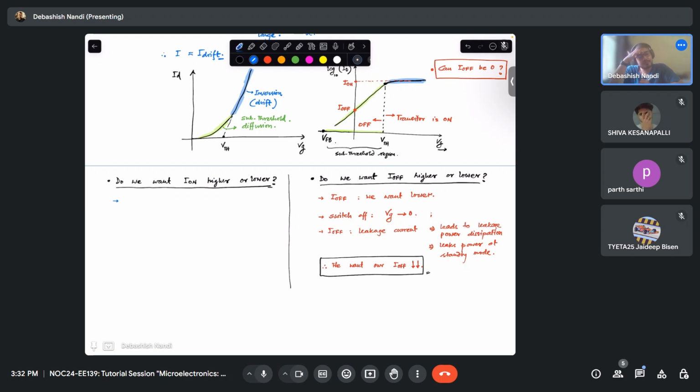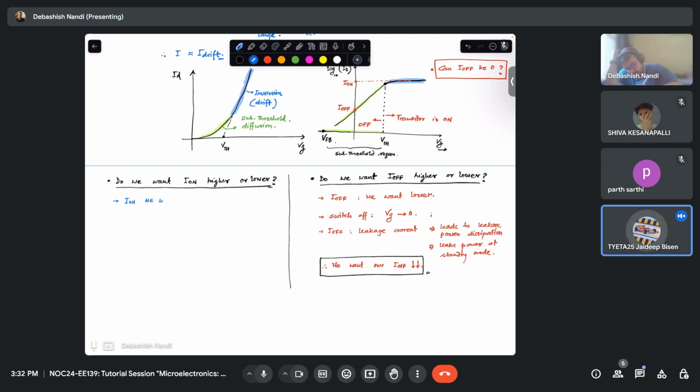What do you think? I am not talking about it with respect to Ioff. Let's say I am giving you two options, 1 milliampere of Ion and 2 milliampere of Ion. What will you choose and why?